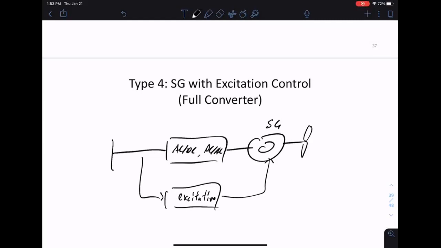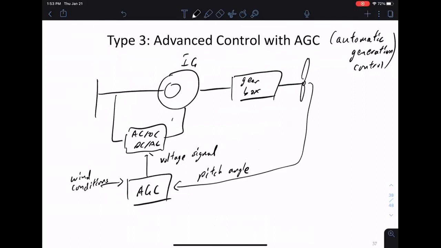I have a question about the type 3 generators. Are there two separate stators on the induction generator, and is that how the AC, DC, DC, AC is connected separately? No, still one stator, still one machine. We'll see that this basically goes into the slip part of the induction generator.